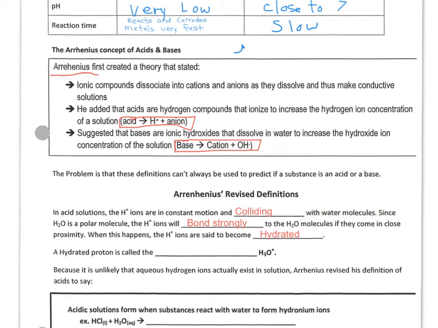Since water is a polar molecule, the hydrogen ion ends up bonding really strongly to the water molecule if they become close in proximity. When this happens, the hydrogen ion is said to become hydrated. A hydrated proton is called the hydronium ion, and the hydronium ion has the formula H3O+.